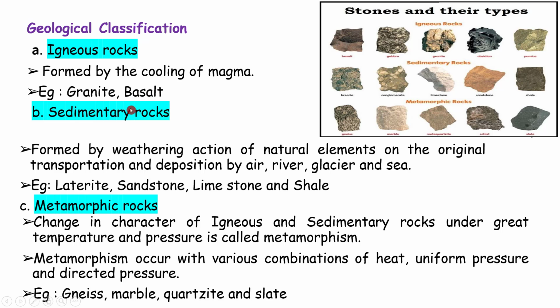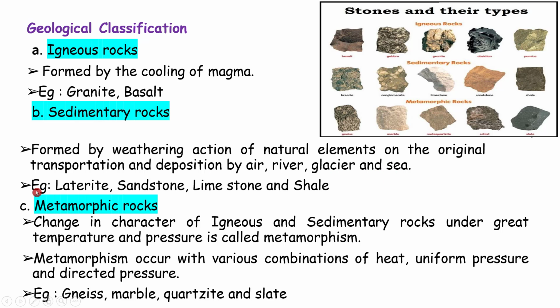As examples. The sedimentary rocks, the photo is given on the right side. Sedimentary rocks are formed by weathering action of the natural elements on the original rock, followed by transportation and deposition by air, river, glacier, or sea.